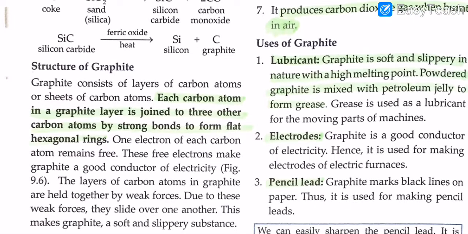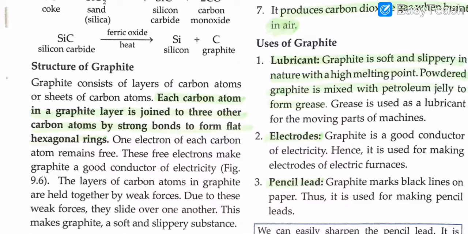Okay, so now coming to the structure of graphite. Graphite consists of layers or sheets of carbon atoms. Each carbon atom in a graphite layer is joined to 3 other carbon atoms by strong bonds to form flat hexagonal rings. In diamonds, what was the structure like? Do any of you remember?